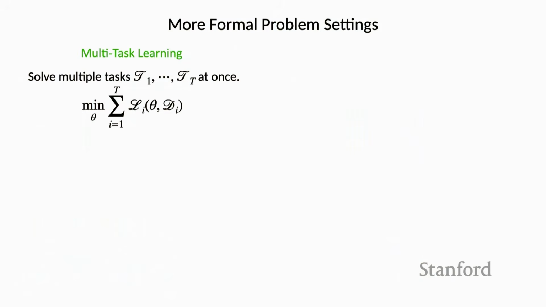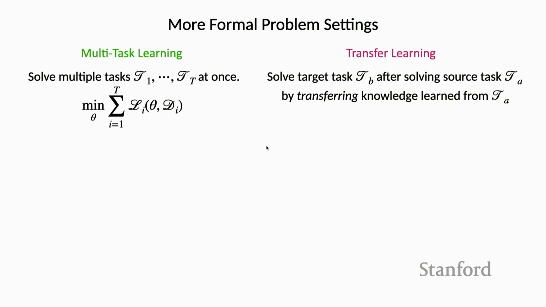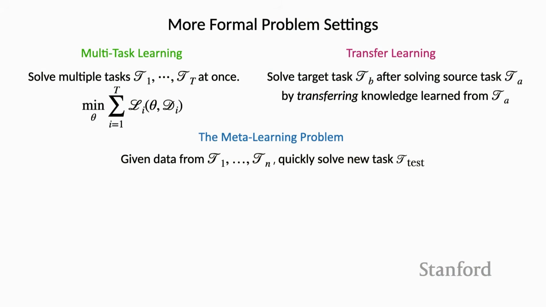Okay, so slightly more formally, we've talked about multitask learning, where you try to solve multiple tasks at once. You might try to transfer to a new task from that, but you're not optimizing for transferability. With transfer learning, you're trying to solve some target task after solving some source task, typically by fine-tuning.